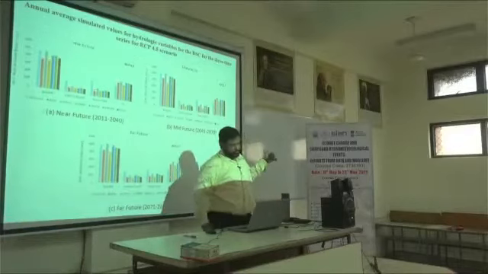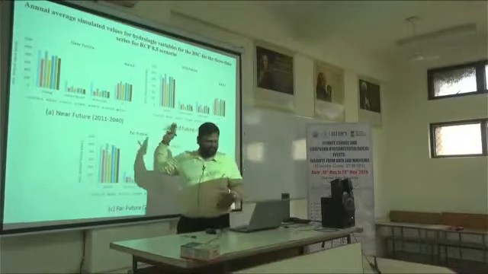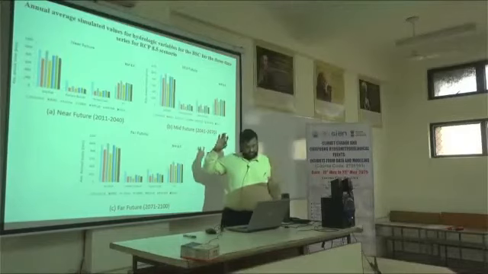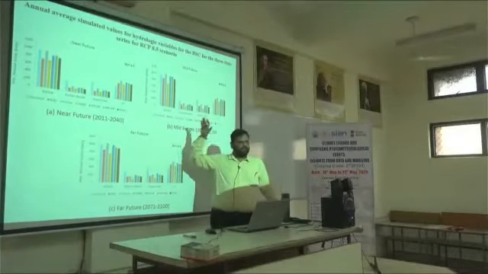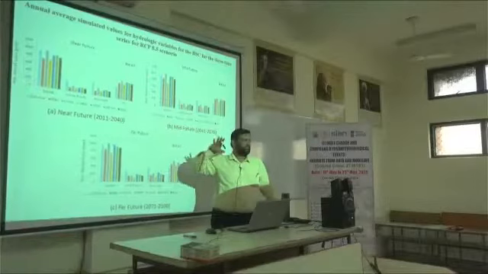We have also computed flow duration curves and flood frequency analysis. We have done everything, and we have concluded that there is some kind of rainfall shifting, as well as evapotranspiration increasing in our basin, and land use change is also taking place.